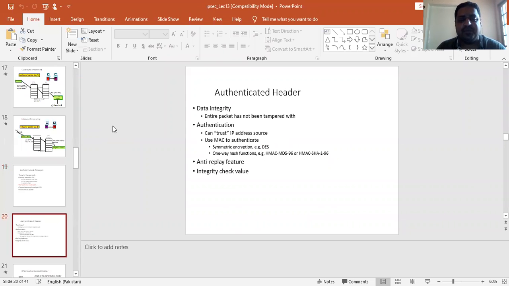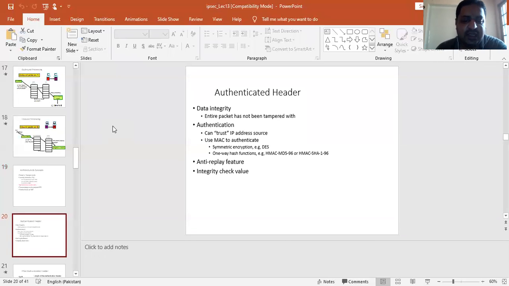So, what are the other fields mainly used by the authentication header? The authentication header provides integrity to the data. It means if any data is modified or tampered with by an intruder or attacker, that can be detected with the help of the authentication field.